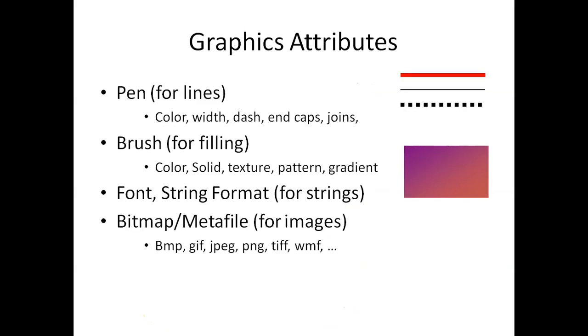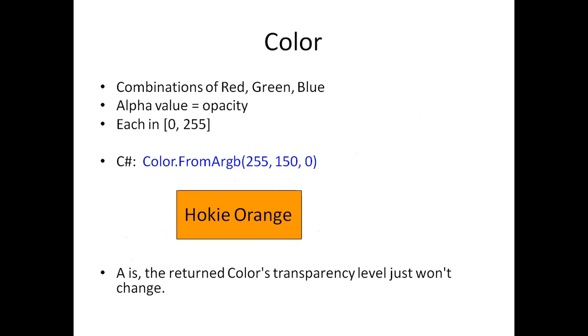For pens, we have different pens, solid pens, and the thickness can be changed to different sizes. The pen can also be in dotted form. We have brushes: solid brush, texture brush, pattern, gradient, font, string format, bitmap, images, BMP file, GIF file, JPG file, PNG file. It supports all these different types of file.